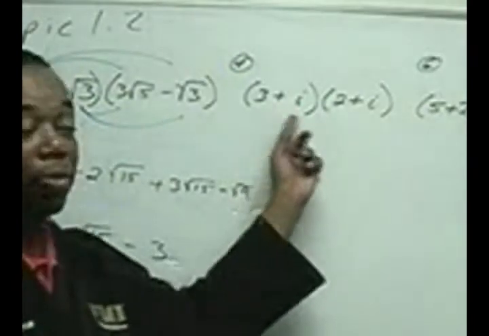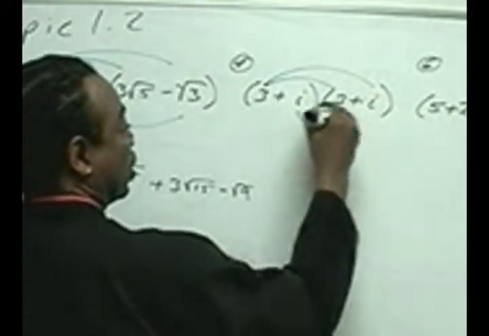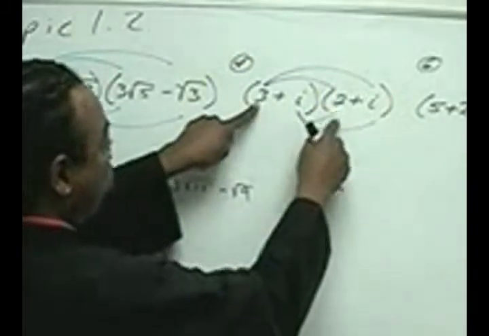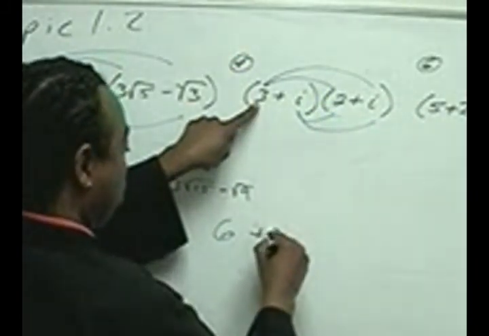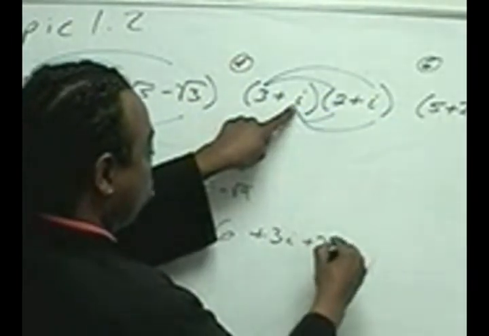Next, again, we have 2 binomials. We want to FOIL these. That'll be the first, the outside, the inside, and the last. Multiplying the 2 and the 3, we get a 6. Multiplying the 3 and the i, we get a 3i. Multiplying the i and the 2, we get a 2i.